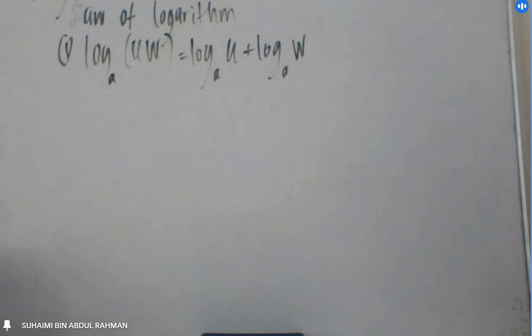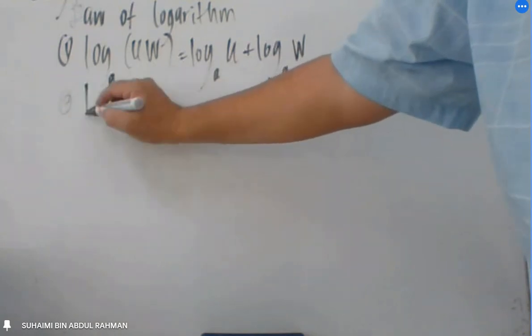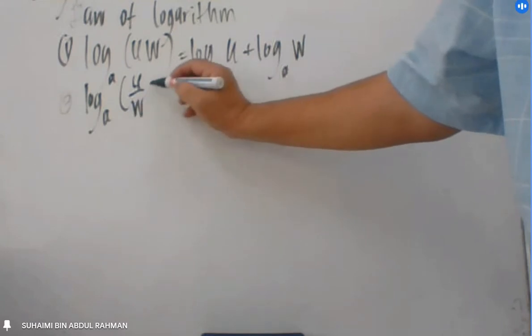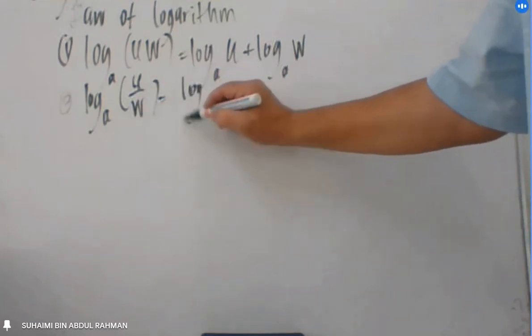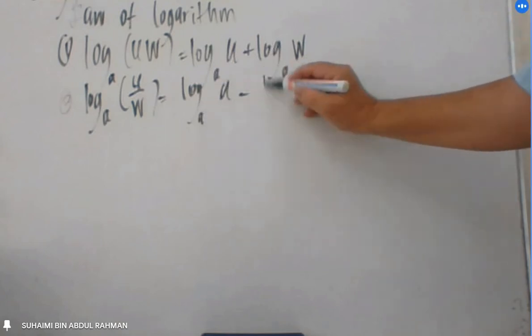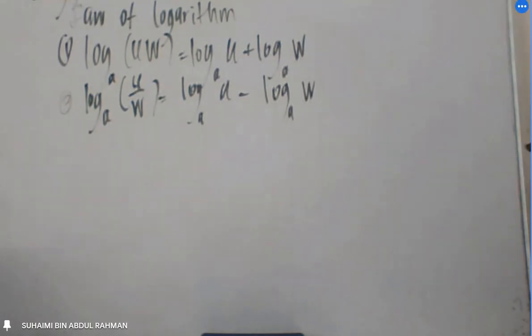Two: log a of u over w is equal to log a u minus log a w. When multiplied, plus; when divided, minus.